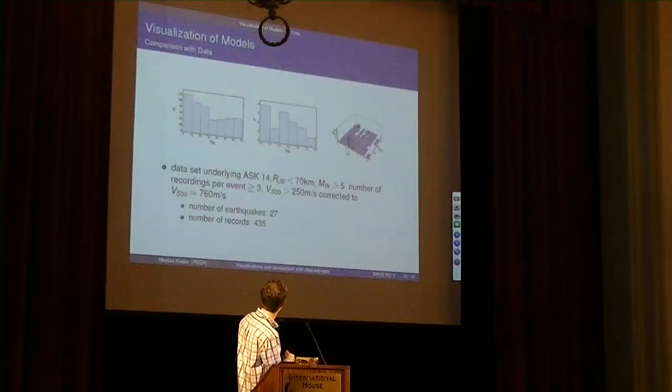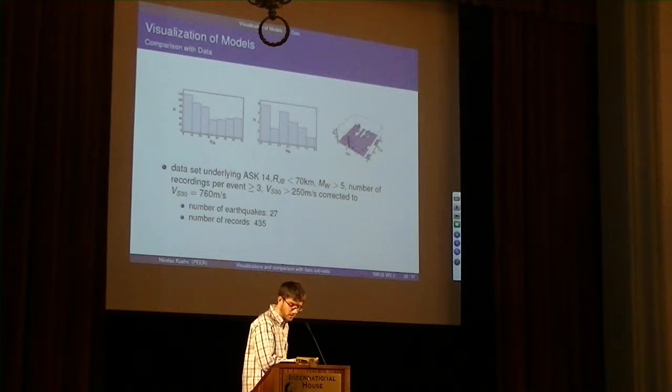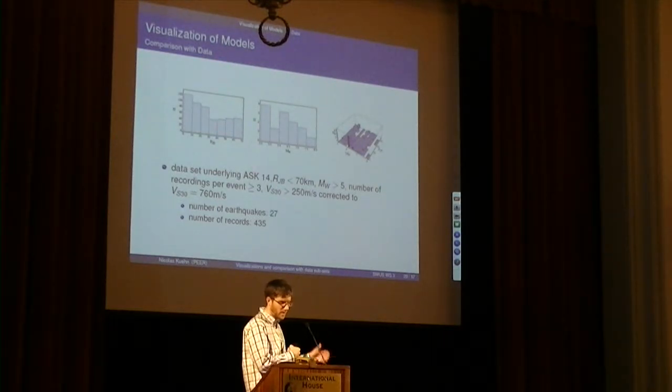So first is the comparison with data. This is the data set underlying the Abrahamson et al. 2014 model, for Joyner-Boore distances smaller than 70 kilometers, magnitudes greater than 5, at least 3 recordings per event, and VS30 values larger than 250 meters per second.